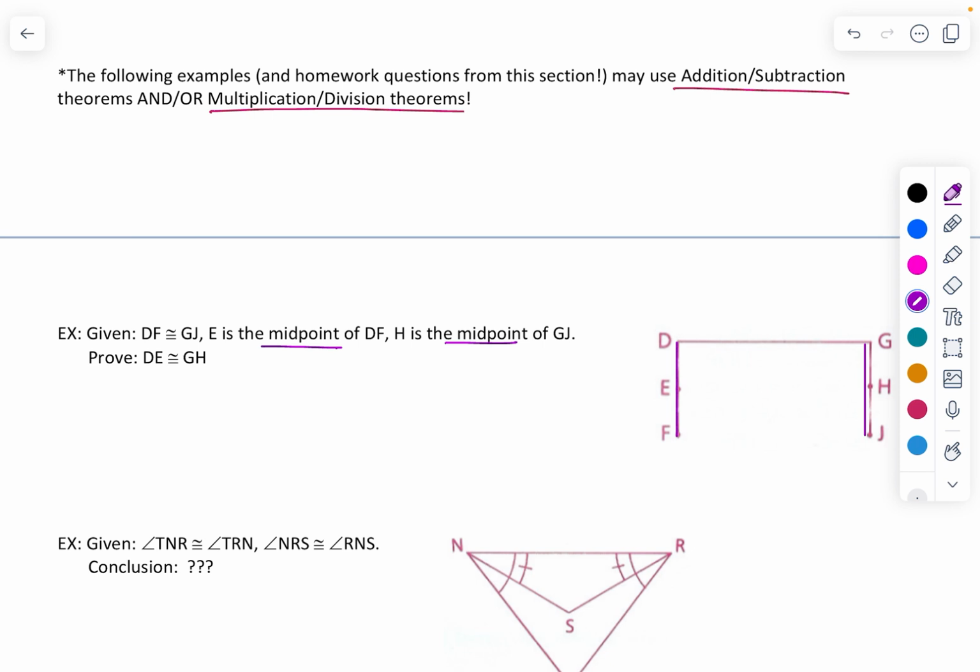So if we were doing this proof, we would have statements, reasons. We would have DF congruent to GJ. We would have E midpoint of DF, and we'd have H midpoint of GJ.